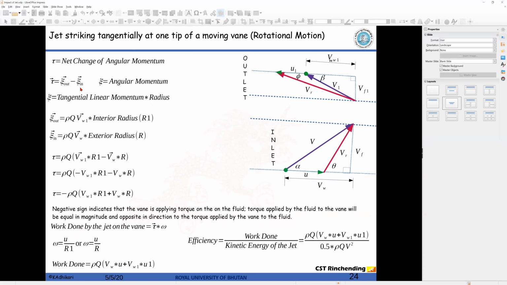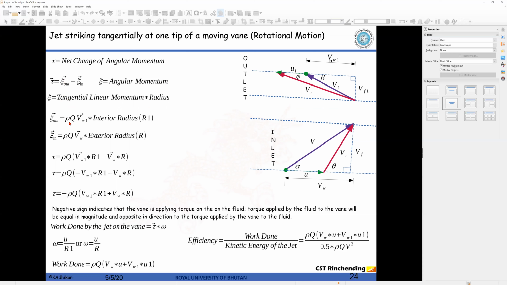I hope you know what a control volume is. Here the things are pretty straightforward, simply a continuation of whatever we have studied in the previous session. Further, zeta here is the angular momentum, which is the tangential linear momentum times the radius.